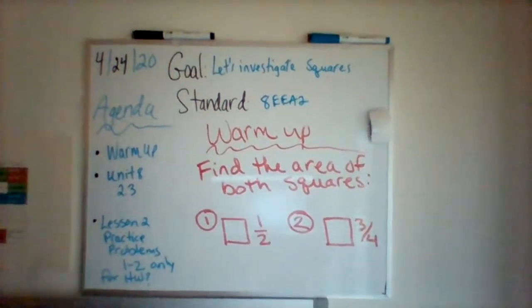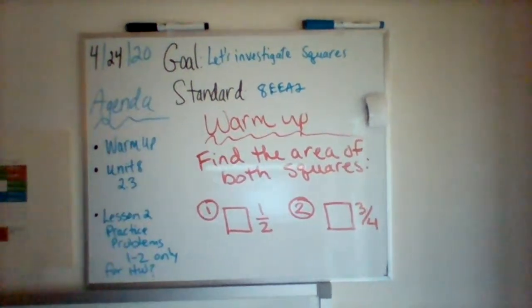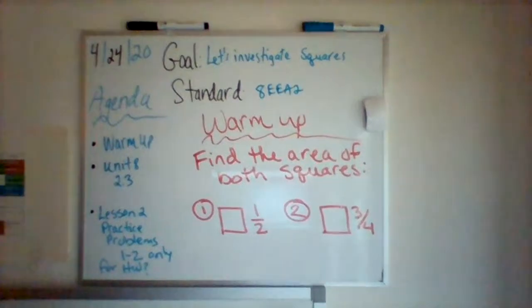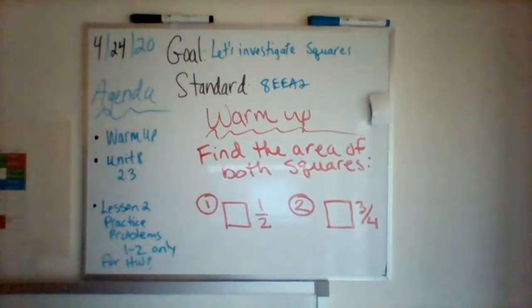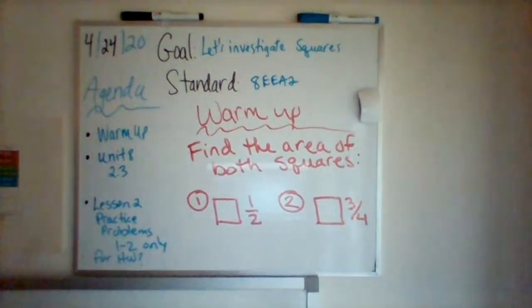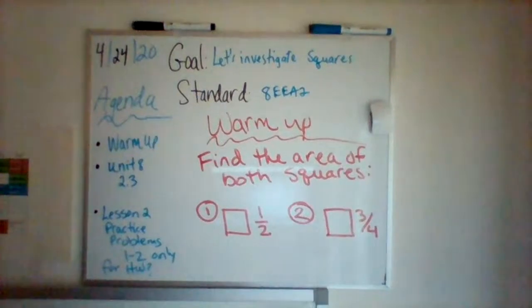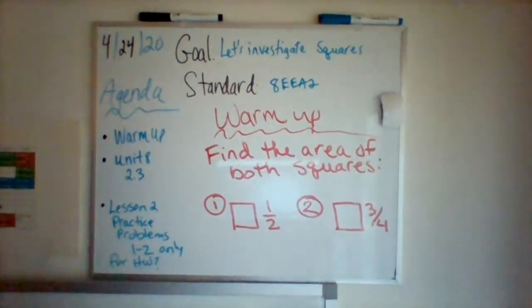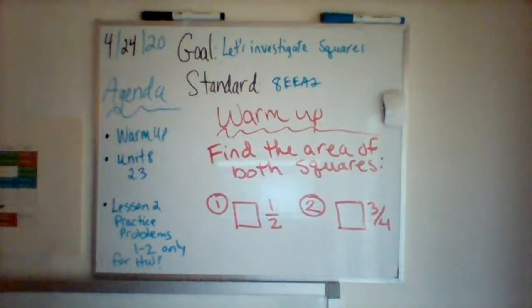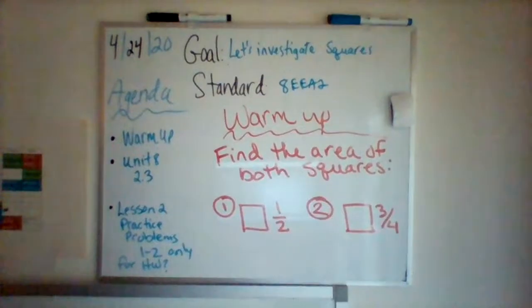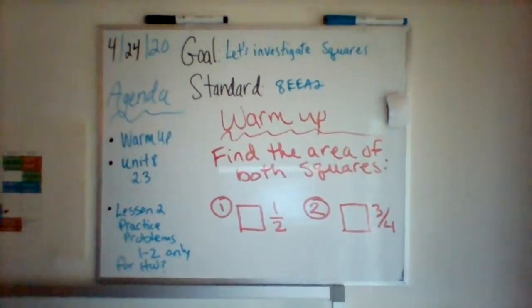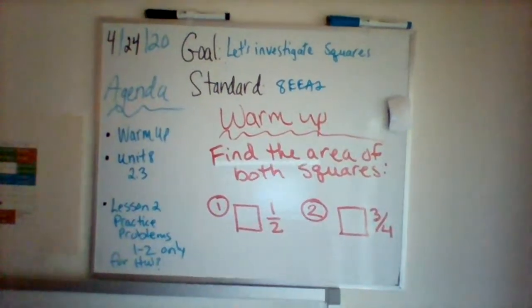Hey, Thais. All right, so we have enough of you here that you guys should definitely be coming up with a couple of answers for me. As soon as you have what you think is the area for each of the squares, please let me know.